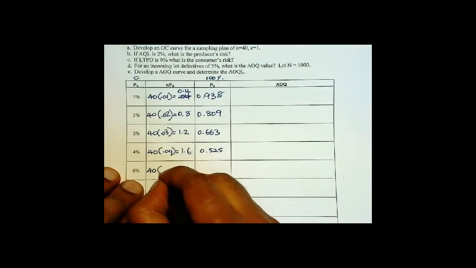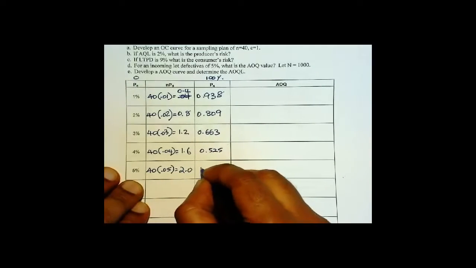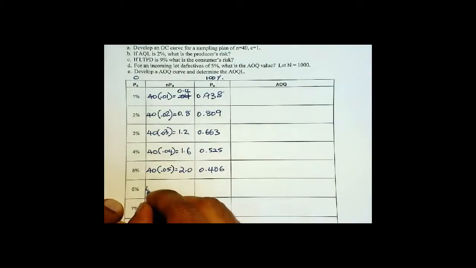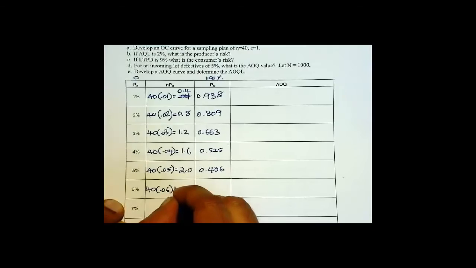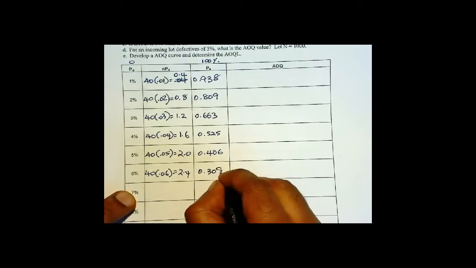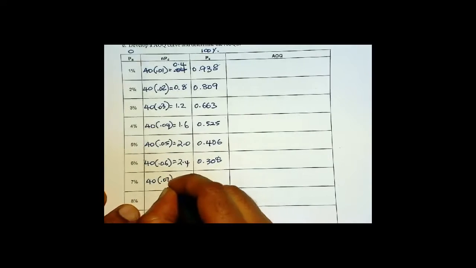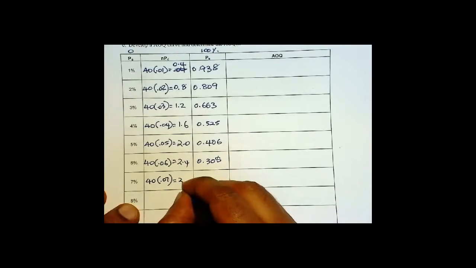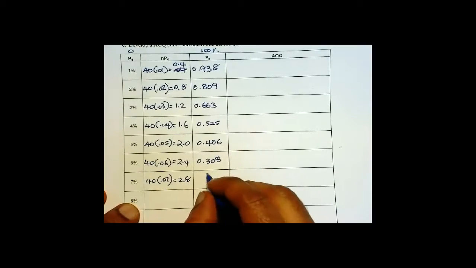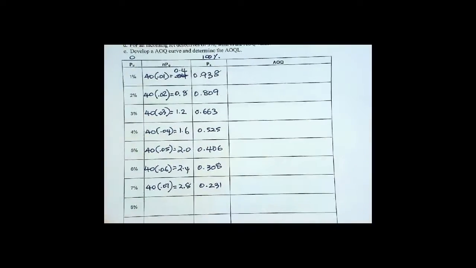And then 40 times 0.05 is 2.0, and that will be 0.406. 2.4 is 0.308. 2.8 is 0.231.